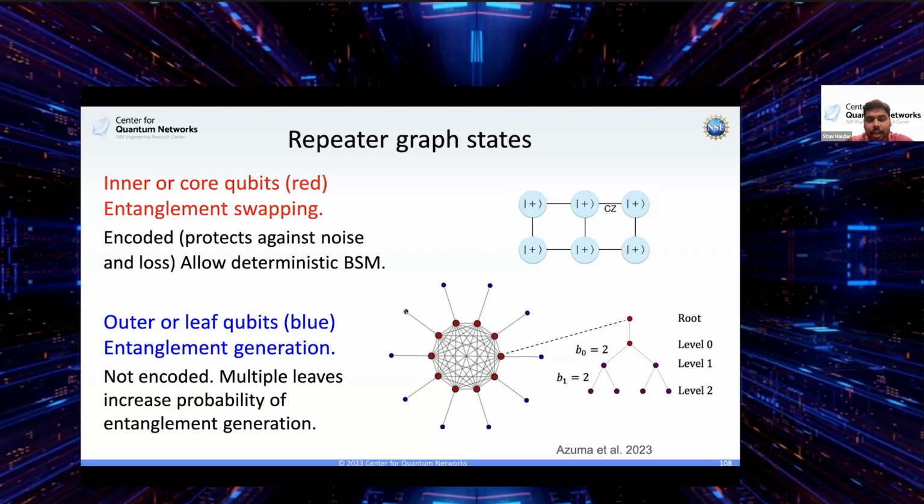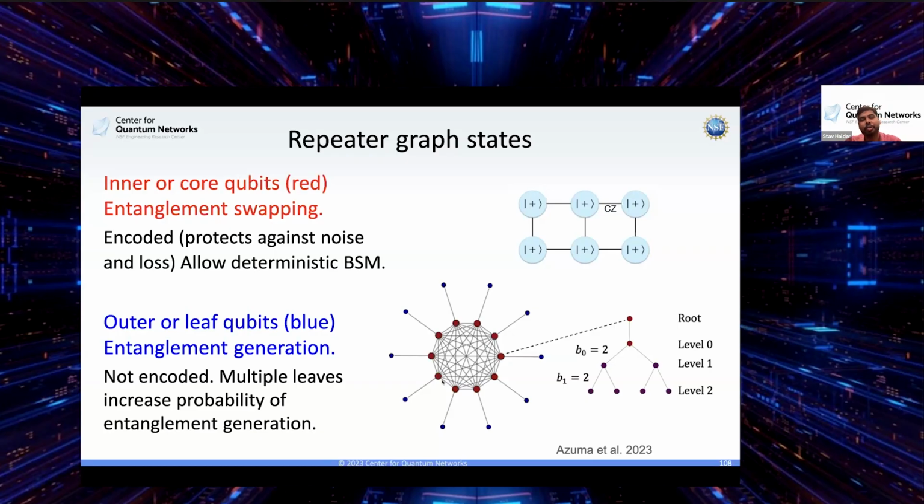The role of the outer qubits is to do the entanglement generation in a heralded fashion. We will talk in detail about how these tasks get accomplished, but just as a preamble, you can see that this repeater graph state has two kinds of qubits. The red ones are encoded ones, so they are error protected, and we'll see how. They play the role of Bell state measurement.